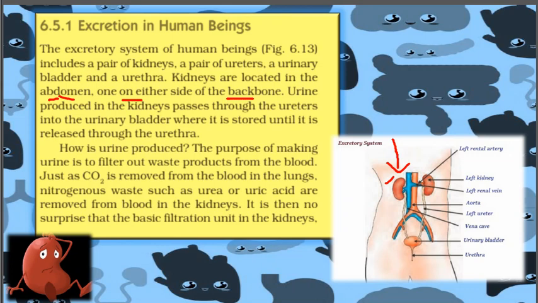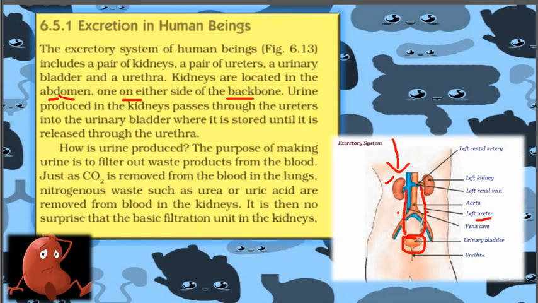We know that the urine produced in the kidneys then passes through the ureters, the left and the right ureters. After it passes through the ureters, it enters the urinary bladder.